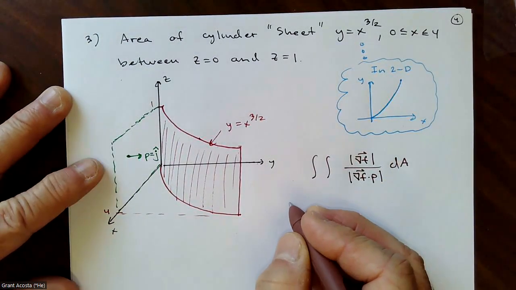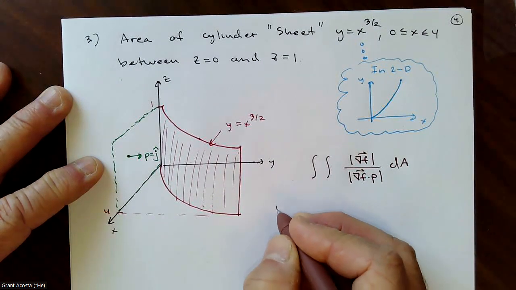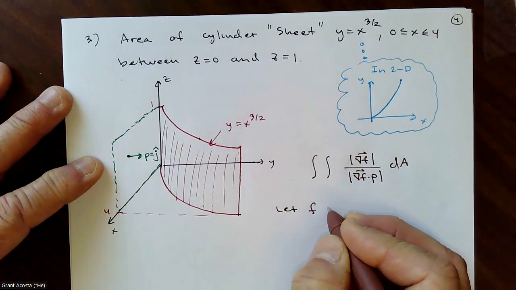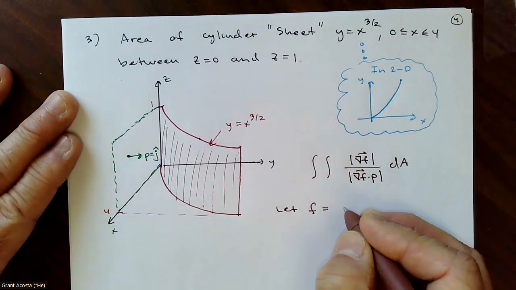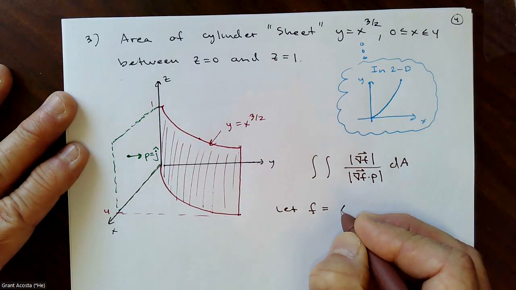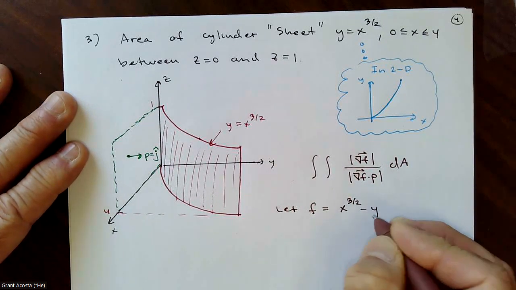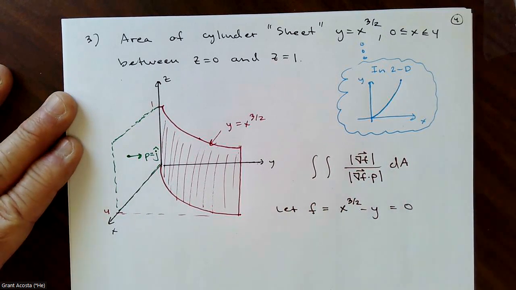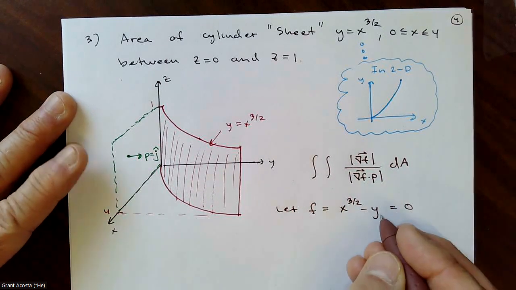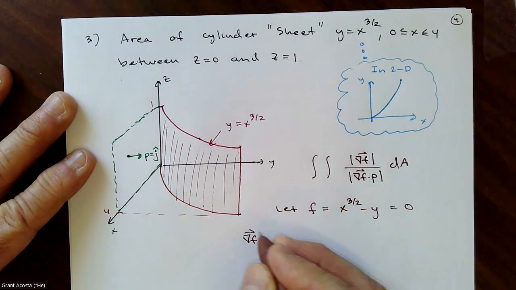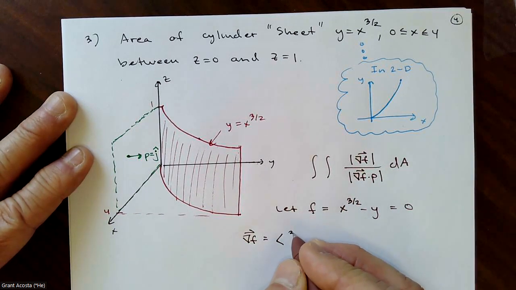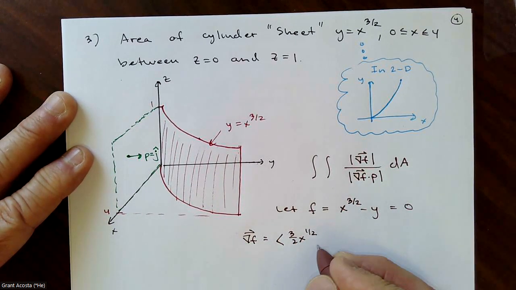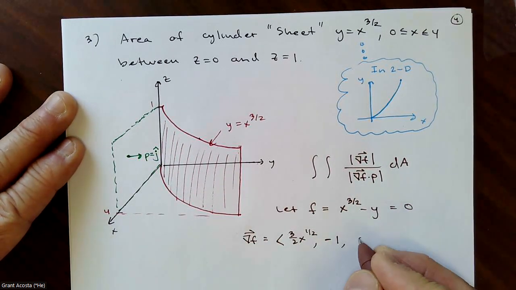It's just I need to now think of my function f so that I can take the gradient. We've done this before. I'm going to think of my function f as x to the 3 halves minus y equals 0. So then if I talk about the gradient of f, which is my partial with respect to x, y, and z, I'm going to get 3/2 x to the 1/2 for the partial with respect to x, and -1 for the partial with respect to y, and there is no z. So that would just be 0.